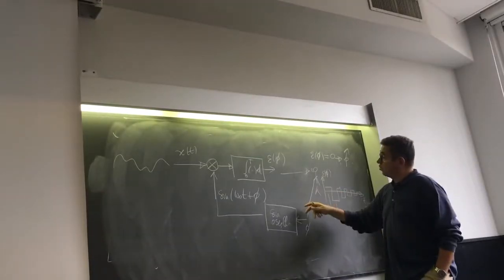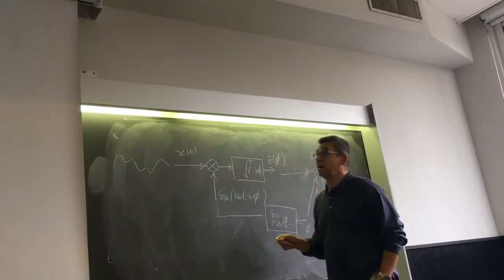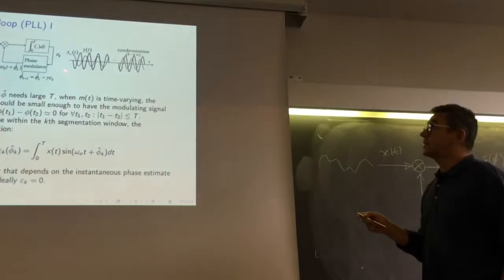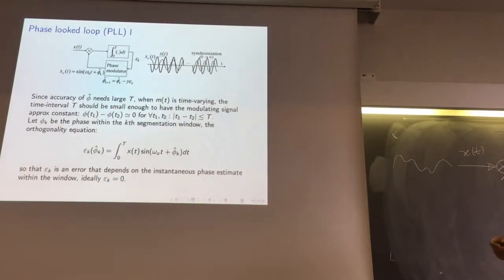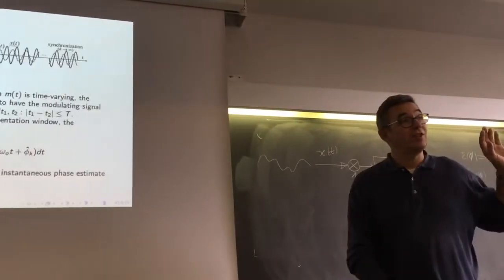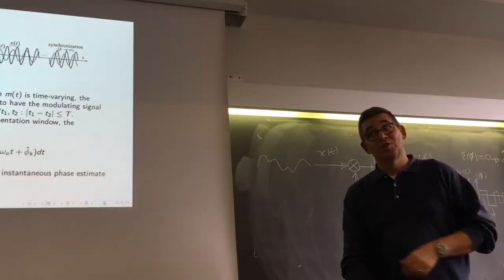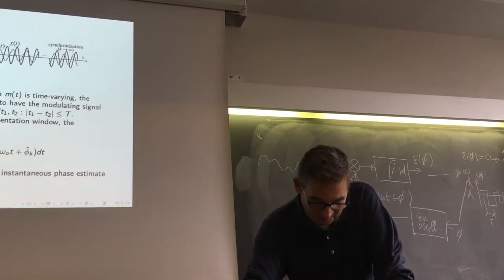You know, this loop in practice is closed, and the way it's closed is this way. There is this block, which is a phase modulator, which is also called the voltage controlled oscillator. You see the electronics, no? Okay.